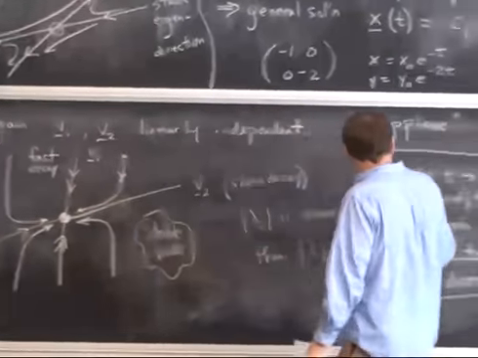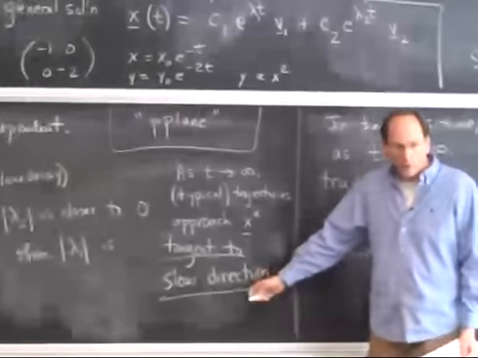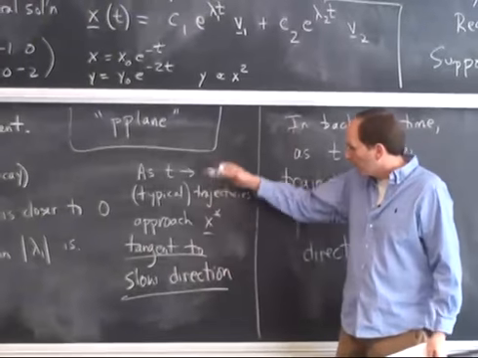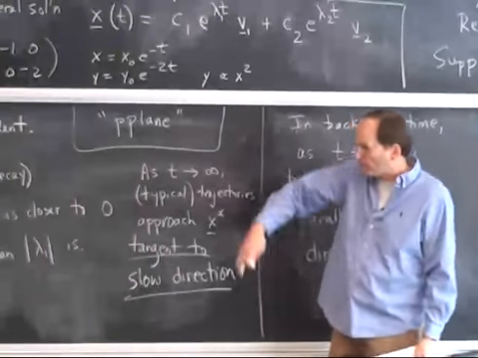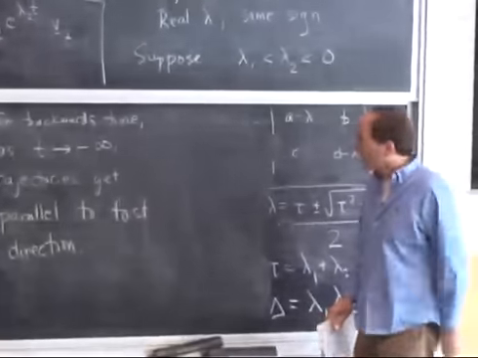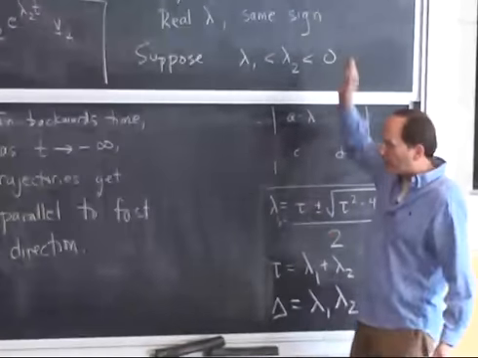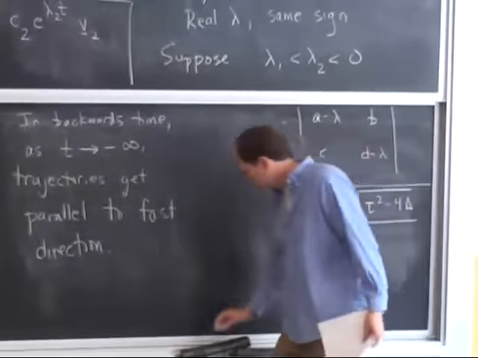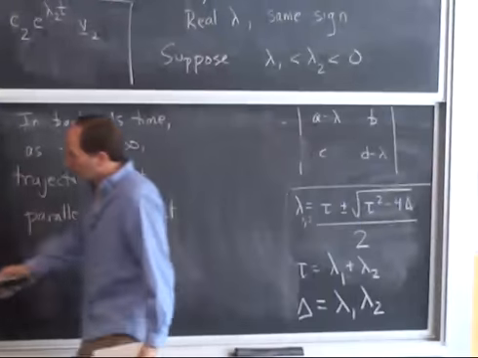But it's still true. I phrased this in a way that it works whether it's attracting or repelling. You always approach or move away from the fixed point tangent to the slow eigendirection, and then become parallel to the fast eigendirection in the other direction, like say up here.